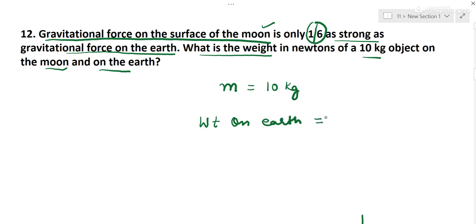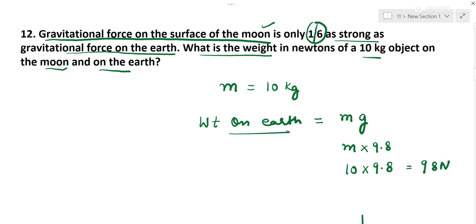Weight on Earth would be m into g. g is 9.8 if you can take, or 10, that is up to you. So 10 into 9.8, so it is 98 newtons. This is weight on Earth.